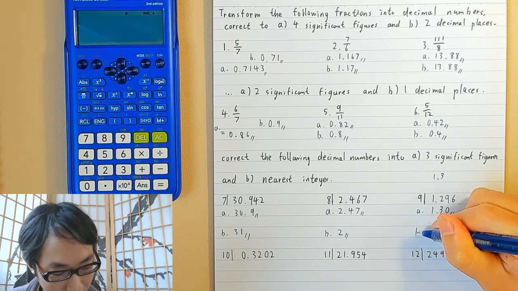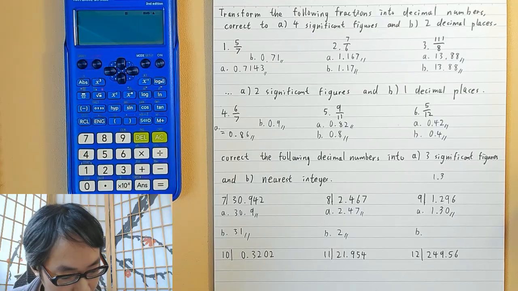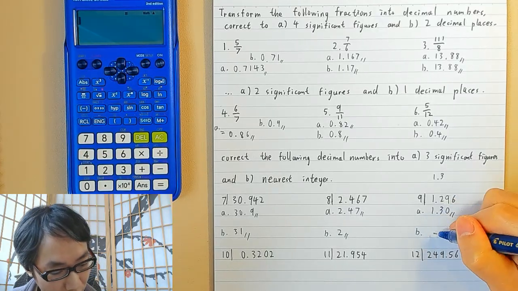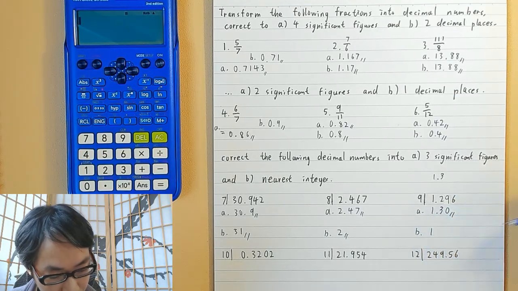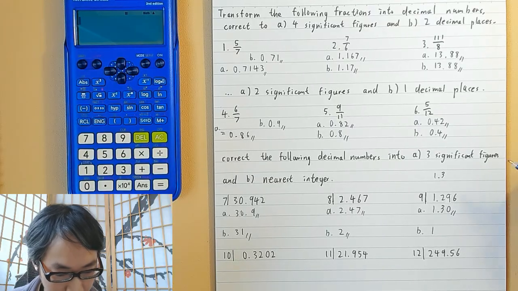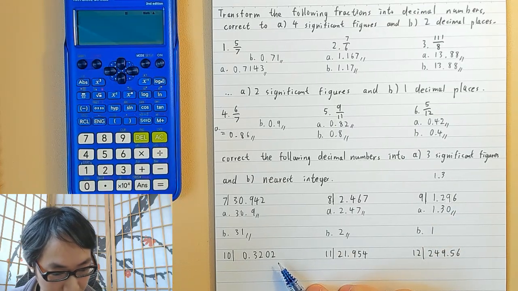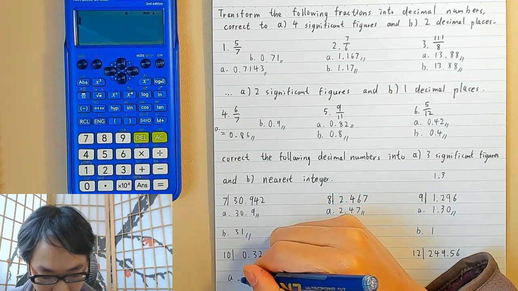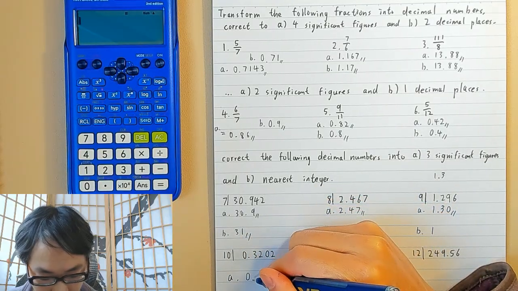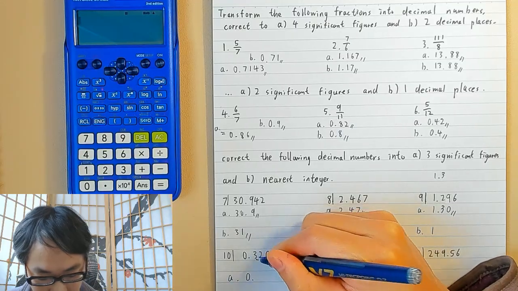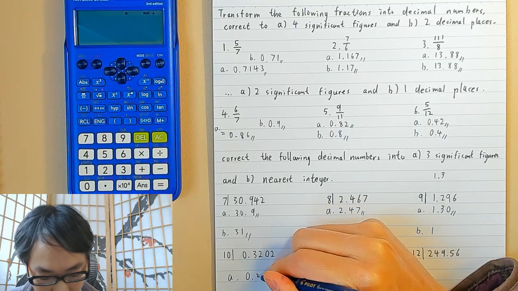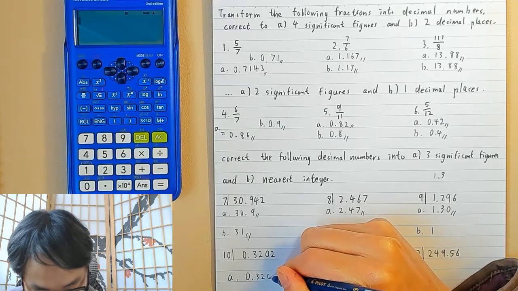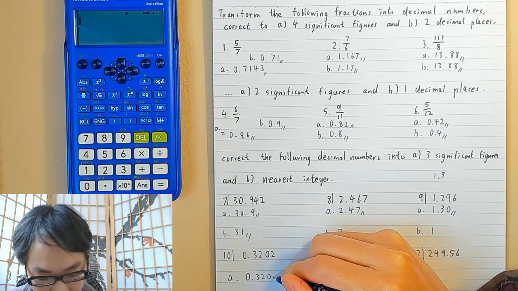And then B, nearest integer. So this will be 1.10, three significant figures. The 0 is not a figure, and then 1, 2, 3 significant figures.